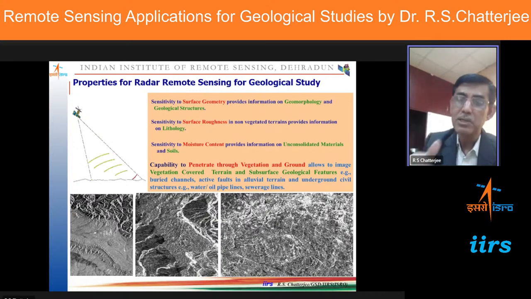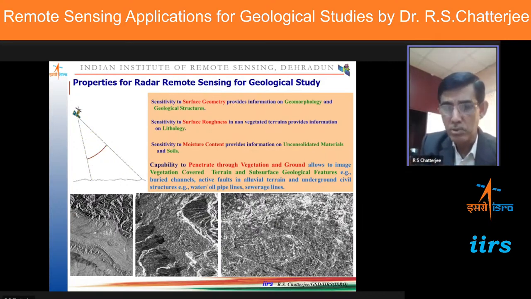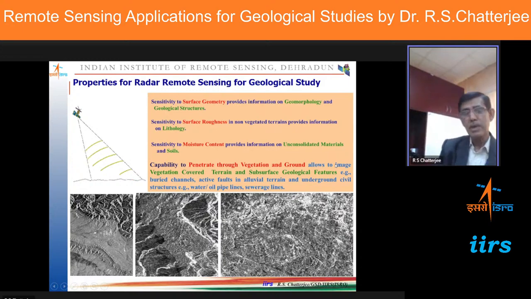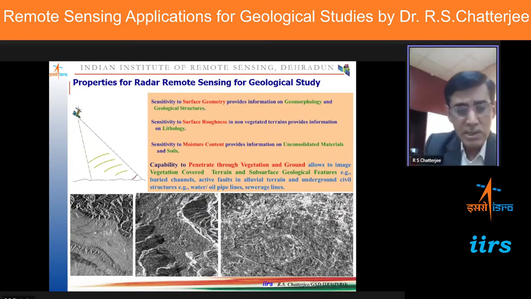But radar can penetrate, so you can have some subsurface information. We have some illustration, we'll show you. Some civil structures also, like water lines, oil pipelines, sewerage lines. And in the forest area, because it can penetrate through vegetation, you can have information of the terrain.